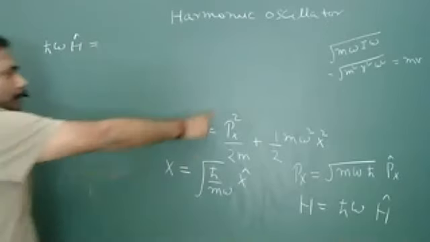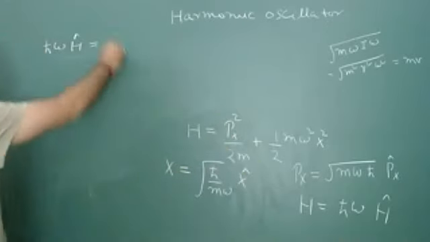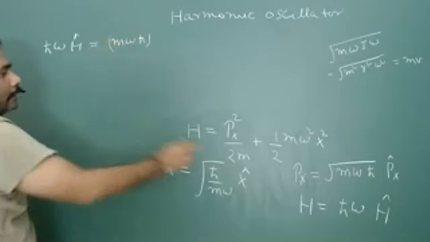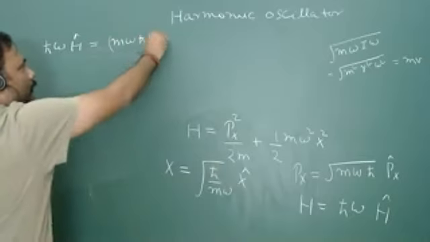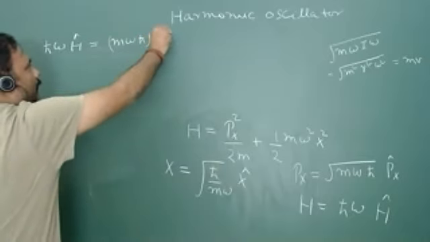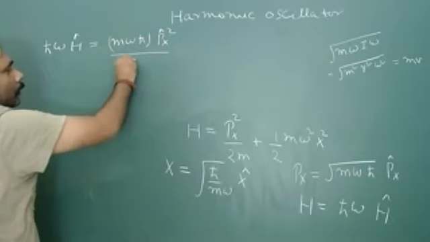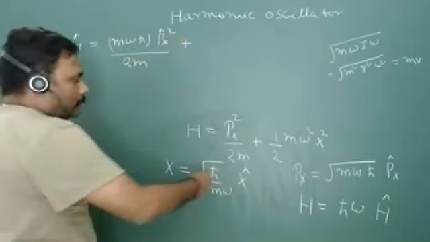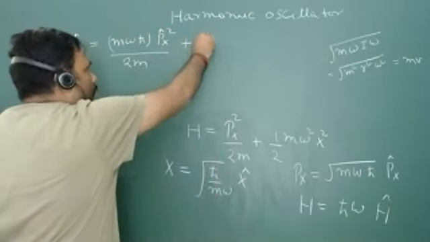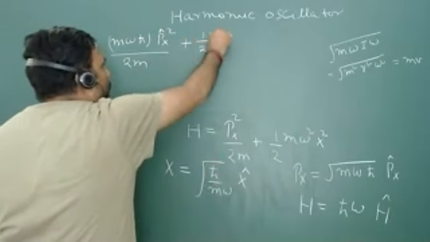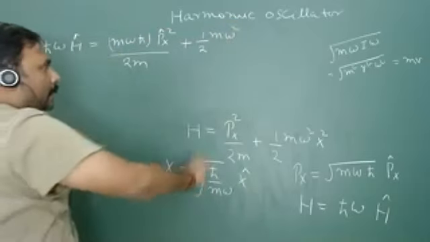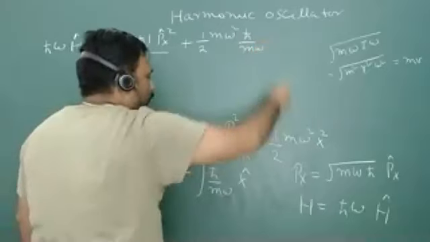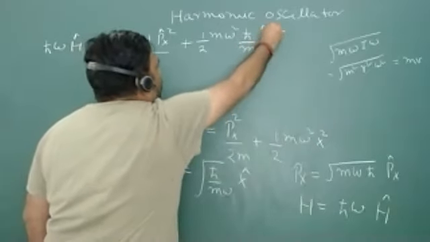In place of px, I will put root of m omega h cut, and this will be px cap square upon 2m, plus half m omega square, and x cap can be written as h cut upon m omega times x cap square.